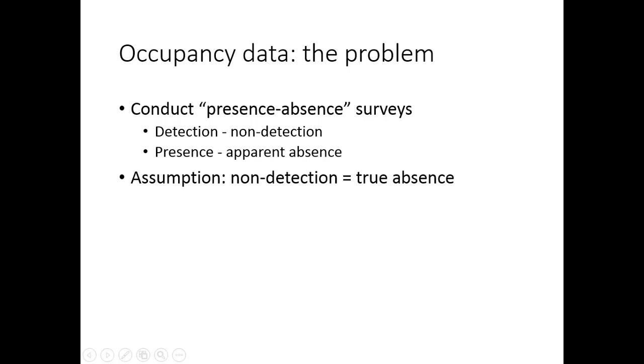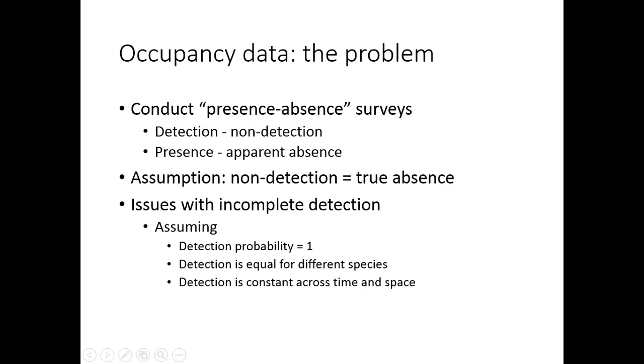The main problem is assuming non-detection of the species equals true absence. Issues with incomplete detection include assuming detection is perfect, detection is equal for different species, and detection is constant across space and time.